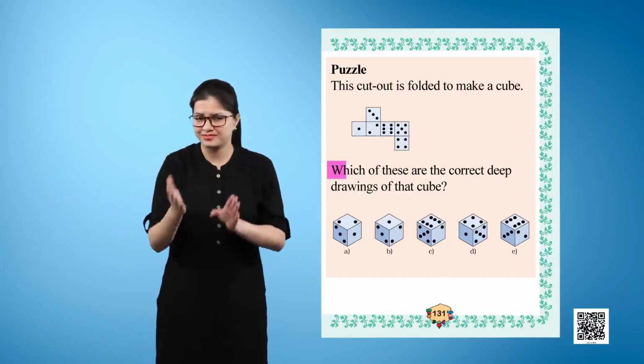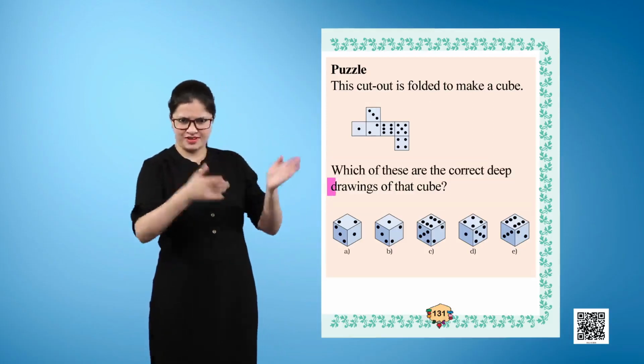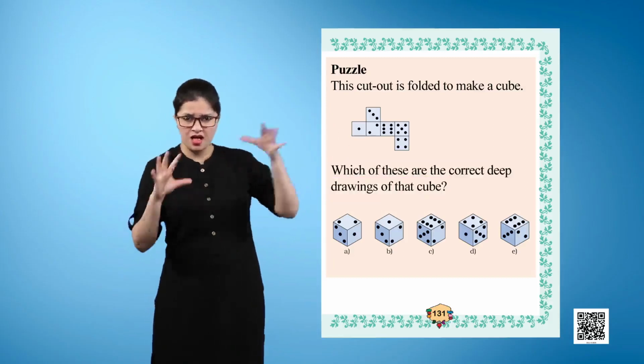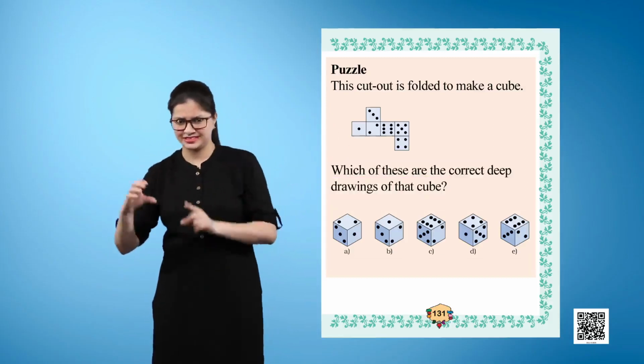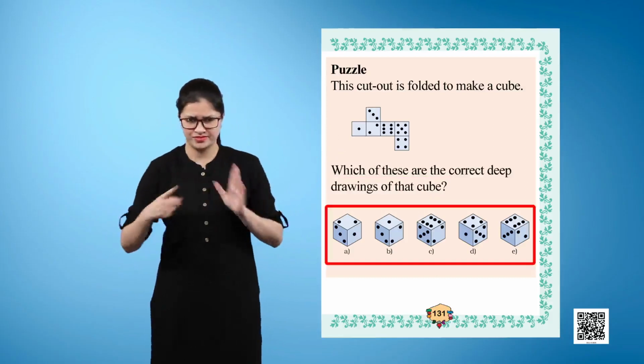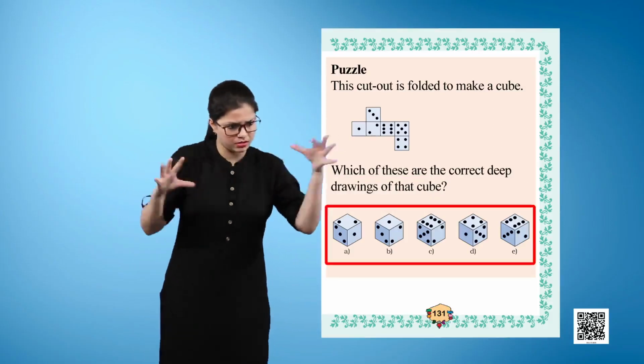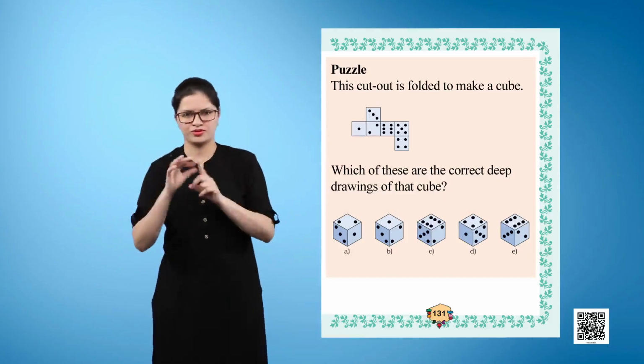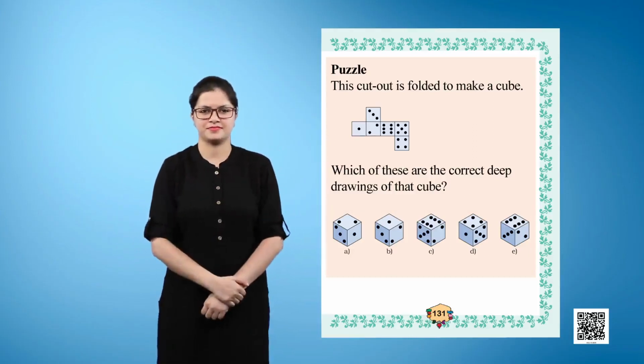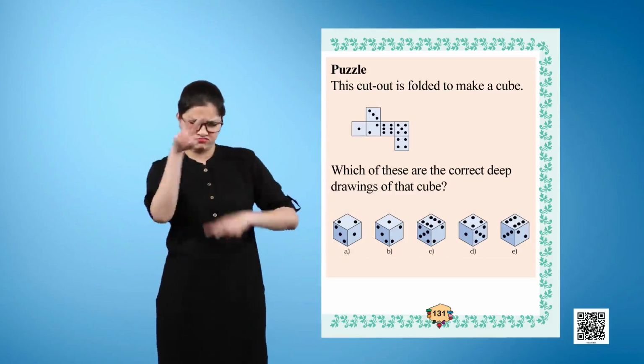Question. Which of these are the correct deep drawings of that cube? A, B, C, D, E. 5 different options are there for you to observe and answer correctly.